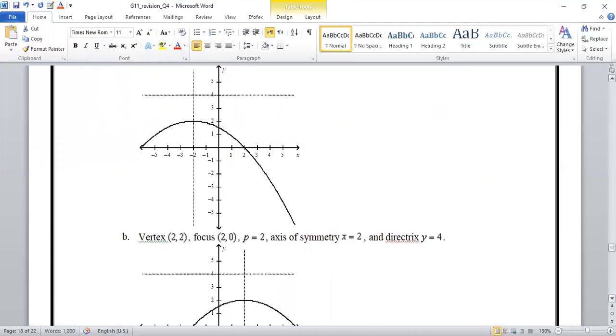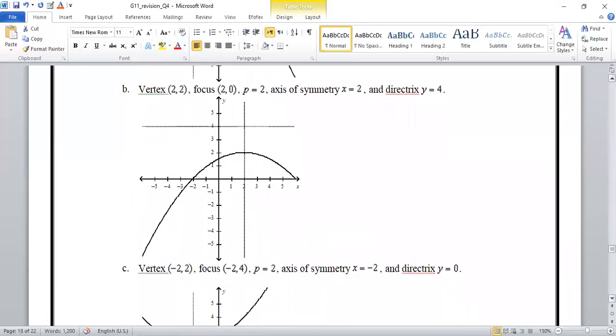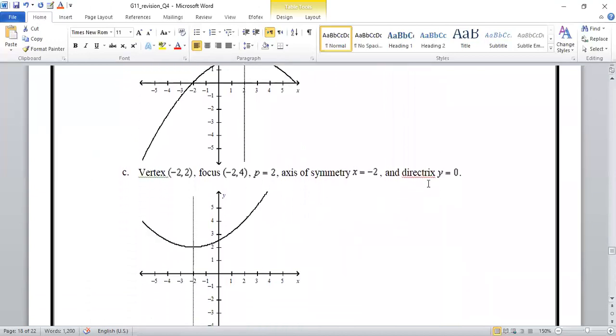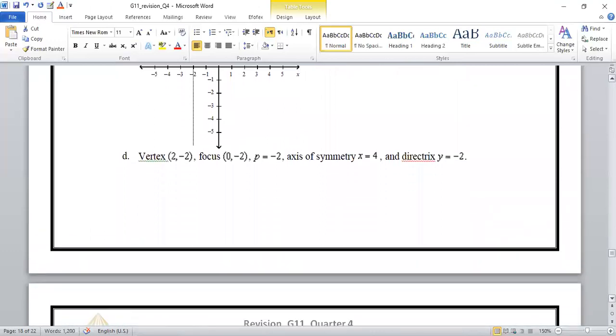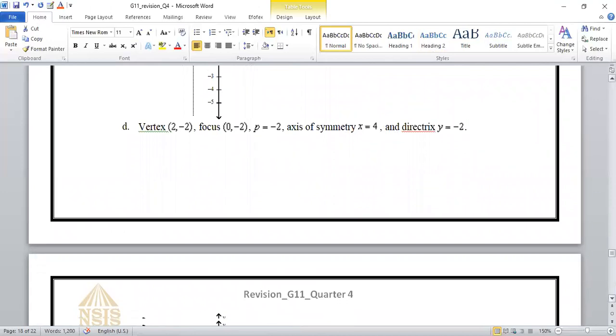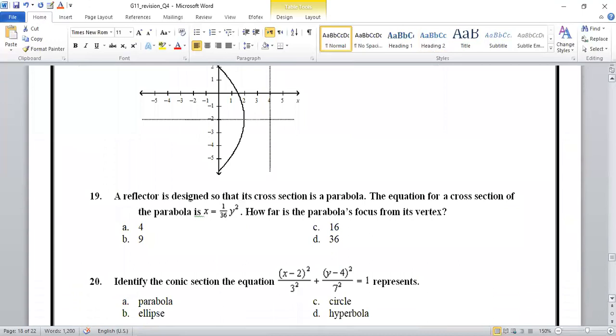B is not true. C is not true, because the parabola opens up. Axis of symmetry x equal 4 is not true.